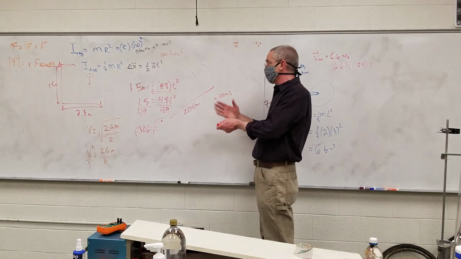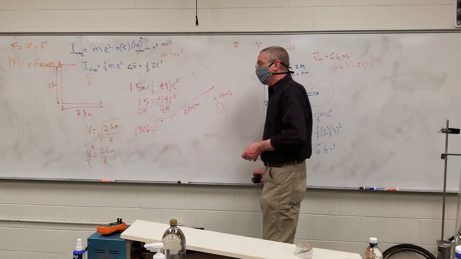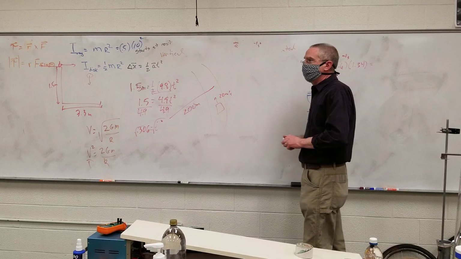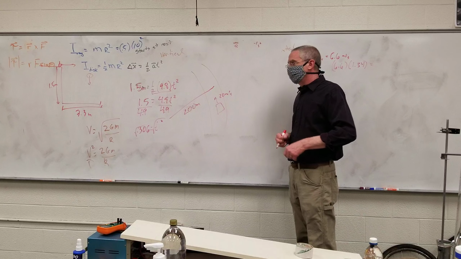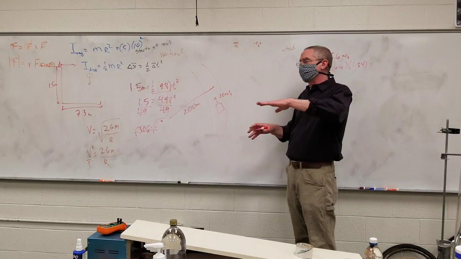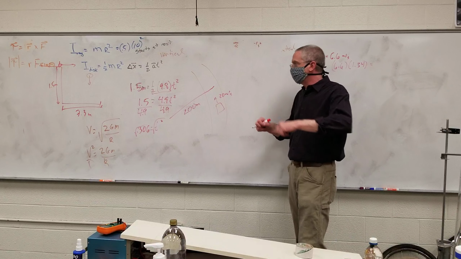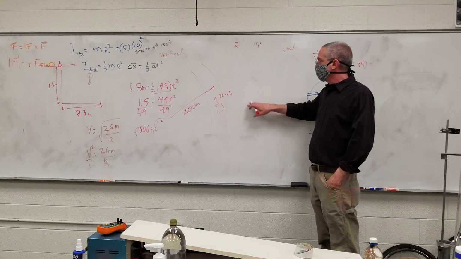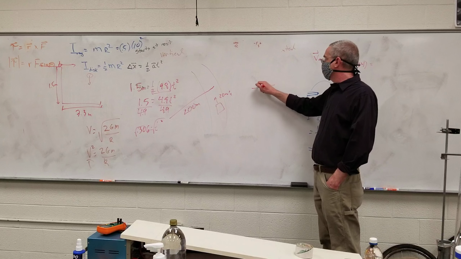A little bit faster and it's going to start to slide. So we're at that breaking point with static friction. We're assuming a perfect roll on the wheels. So as it's going around a curve, from a back end view, there's my car.